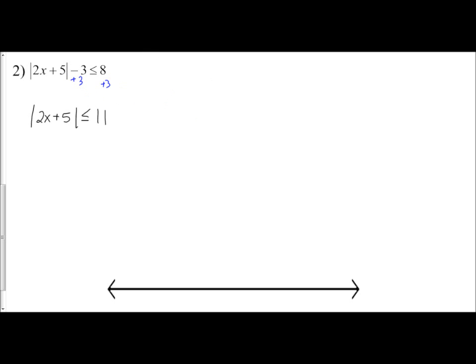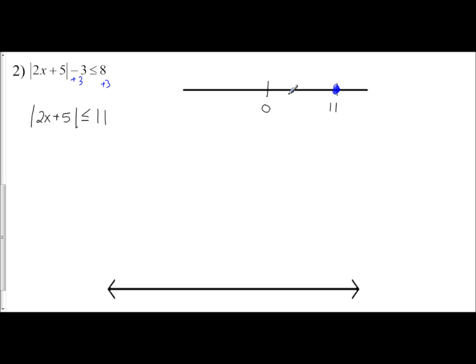And so what do we do here? Let's not just read it that way. Let's also read it by our definition of absolute value. This says that the expression 2x plus 5 is located within 11 units from 0. So I'm going to put 11 here. It's or equal to, so that would be a closed circle.